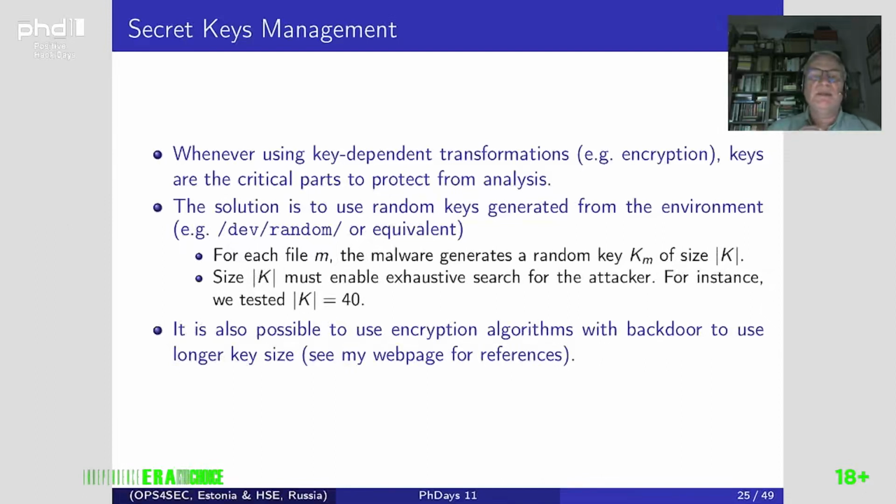In this case, we consider, for example, a key size of 40 bits, which is large enough to prevent exhaustive search by the attacker, for every file used to exfiltrate data. Of course, it is possible to use an encryption algorithm with a backdoor, and it is very convenient because in this case, you can use a longer key size.